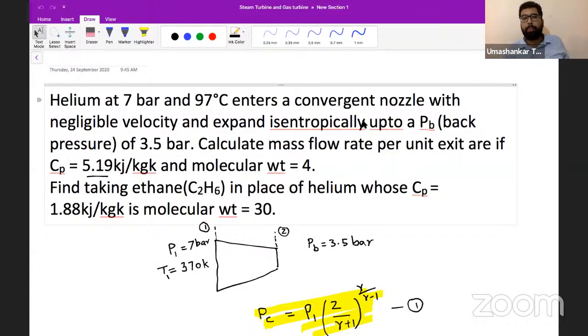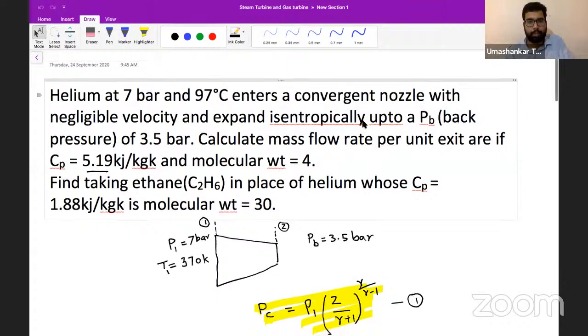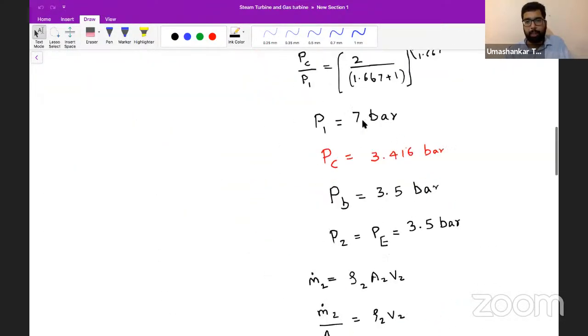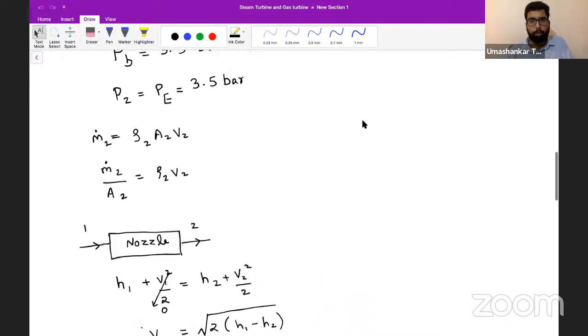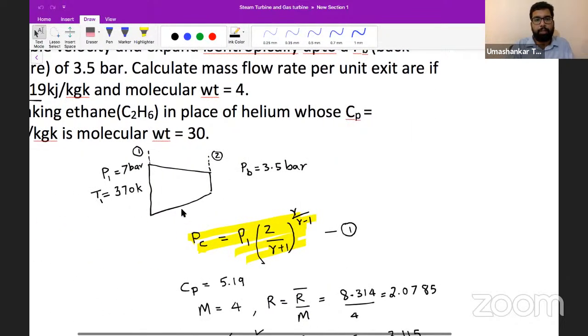The discussion on the second part of this question deviated a little. Now coming back to the point: the second part of this question says to find the result taking ethane, C2H6, in place of helium, whose Cp is given and molecular weight is given. Let us establish a procedure to solve the problem.